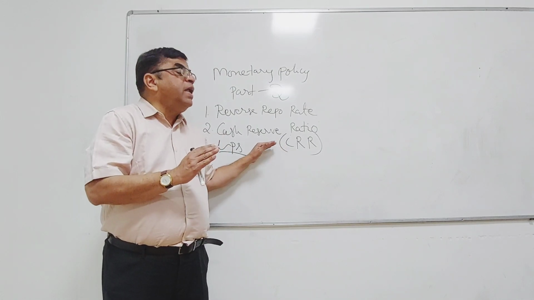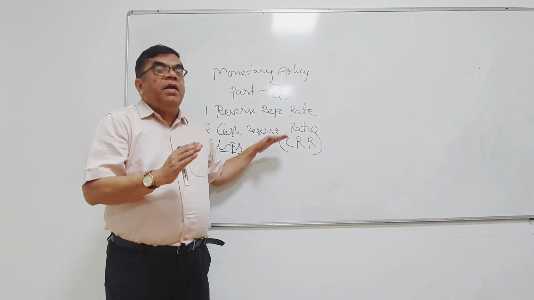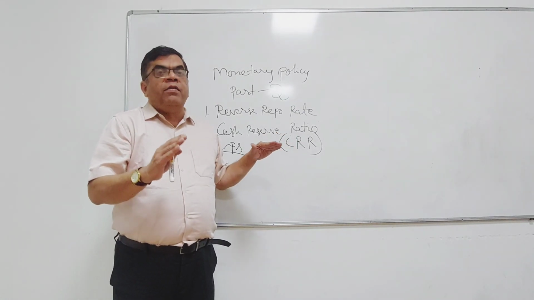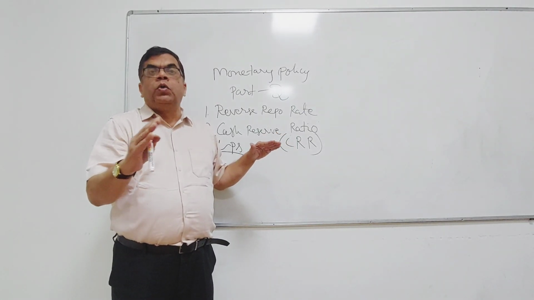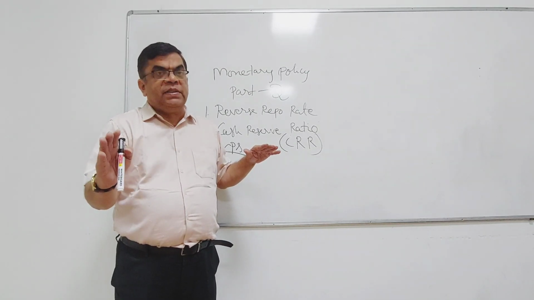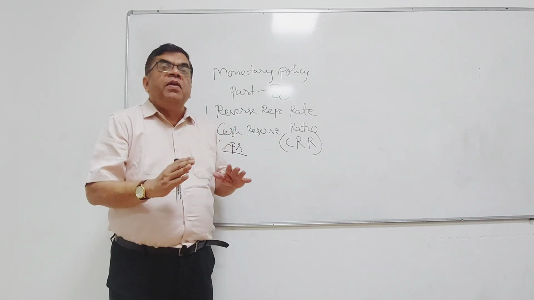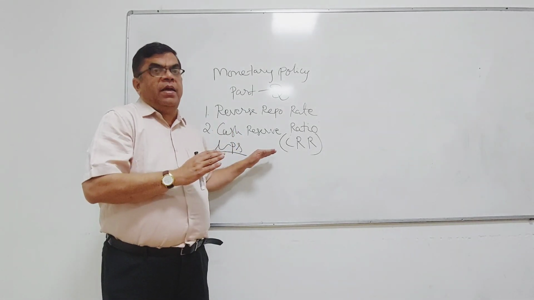That part is known as cash reserve ratio, and this part is not to be given as loan to businesses or to consumers, or it is not meant for investment purpose. So this is not to be touched by the commercial banks. This will be kept with RBI.